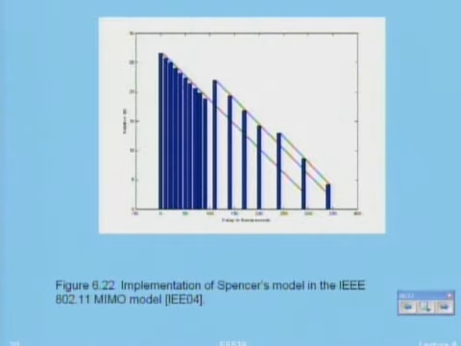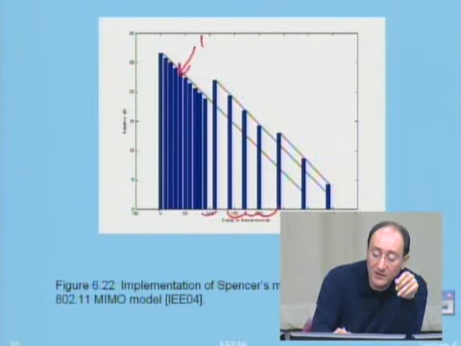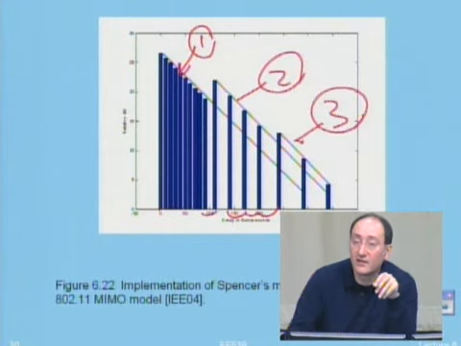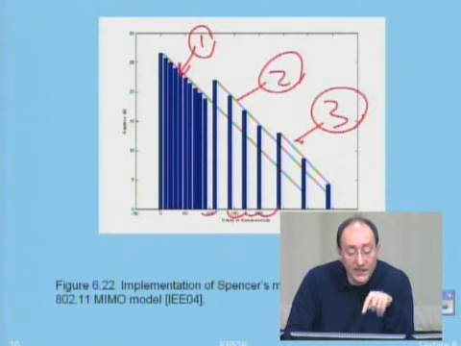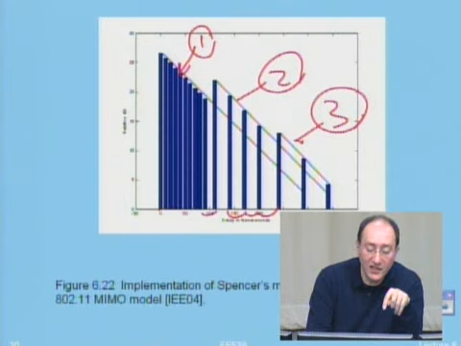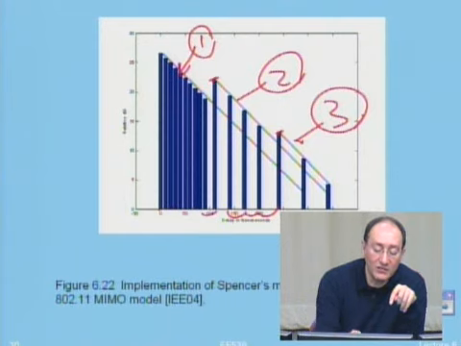In 802.11n, they again assume that the multipath components have a fixed distance between them, but they arrive in clusters. This is cluster 1, this is cluster 2, this is cluster 3. Within the clusters now, you assign an angle of arrival to each of them, different for each, according to Spencer's model.